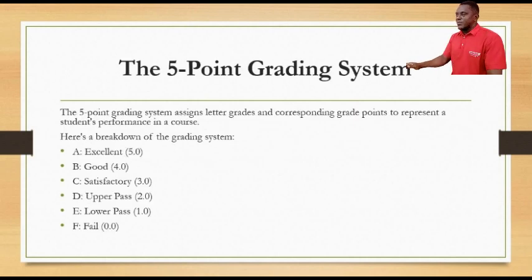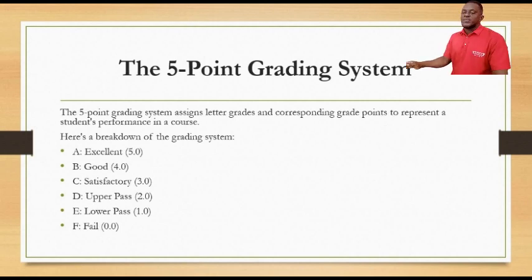Now, first you must note that at least in Nigeria, for instance, because this is the one I know very well, we have at least two types of point grading systems. We have the 5-point grading system and we have the 4-point grading system. But in this example, I'm going to delve into the 5-point grading system because it is what is used in most universities in Nigeria.